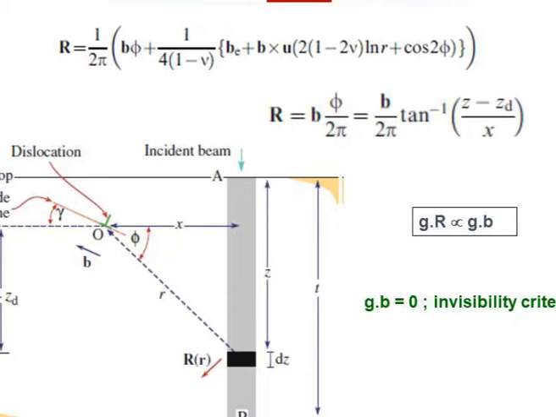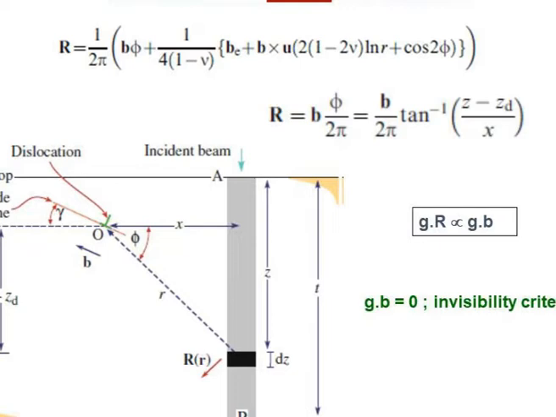So this is the crystallographic vector, g dot b, times this factor. So instead of g dot R, this can be written as g dot b into this factor, because that's a scalar part of it, correct? So if g dot b becomes 0, then what will this be? The dislocation contrast will not be seen in the microscope, okay?